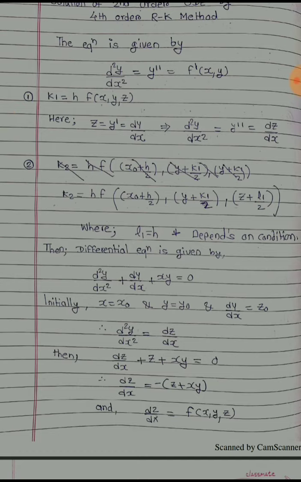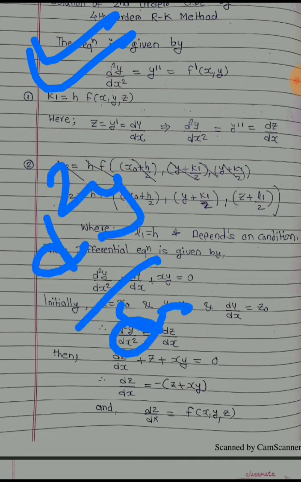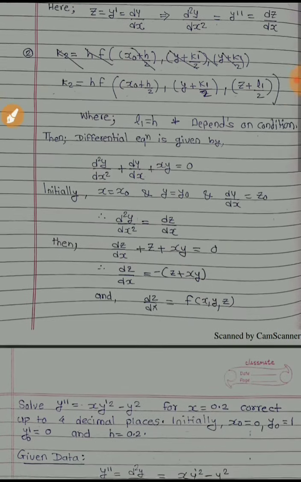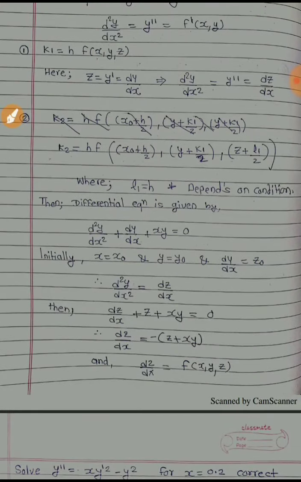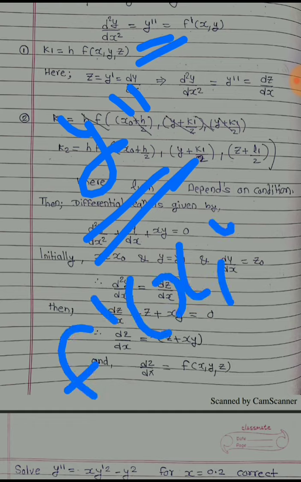First of all, the second order ordinary differential equation, second order ODE, is given by d2y by dx square, which is represented as y double dash, and hence we need to consider this as f dash of x comma y.